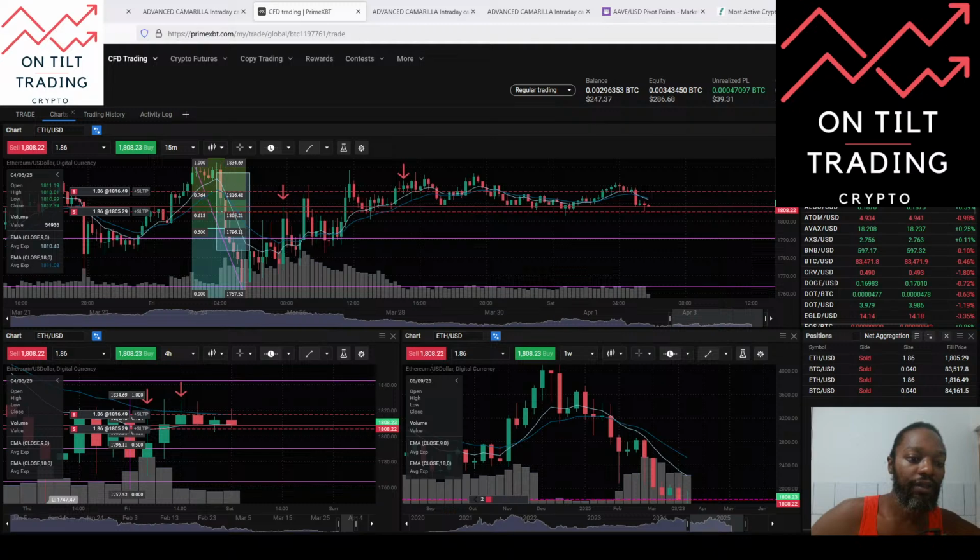Same thing with the EMAs on the 4-hour, and then we've been back and forth on crossovers of the EMA here on the 15-minute, which is going to happen. The 15-minute being a smaller time frame is going to be more sensitive, so it's going to go back and forth more frequently than it will on the 4-hour or the weekly.